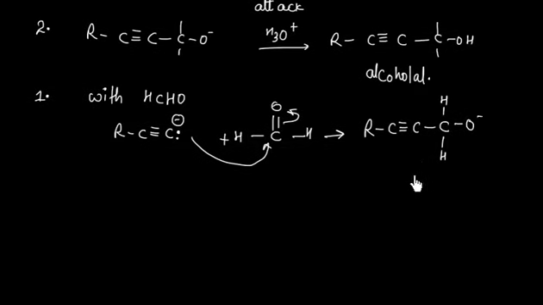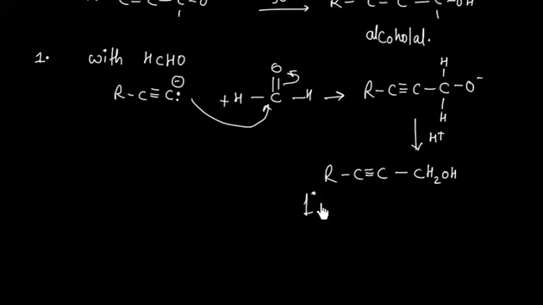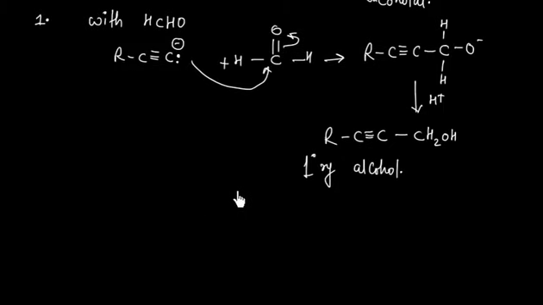Now when they protonate this one, this becomes CH2OH. So this gives a primary alcohol. So formaldehyde gives primary alcohol or 1 degree alcohol.